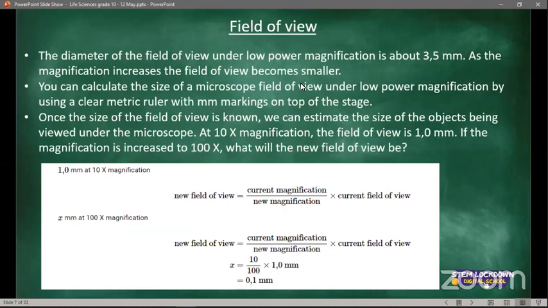Before we go there, you might be asking, what is this field of view? Now the field of view is the area that is visible when you look through a microscope. So that whole area is called the field of view. When you look through a microscope, that circle is called the field of view. All right. So it is the area that is visible when you look through.